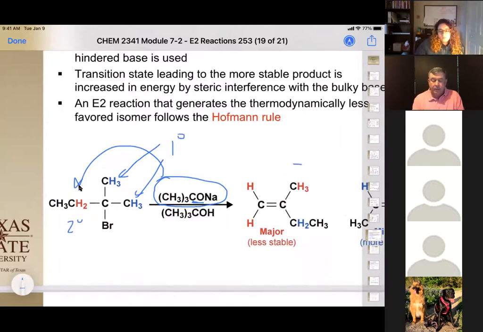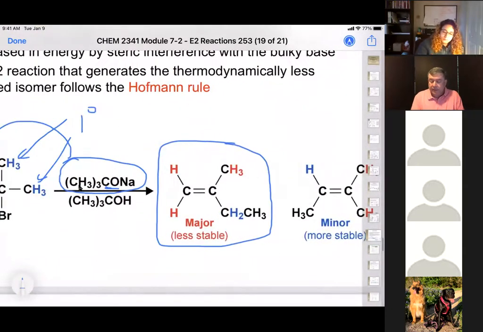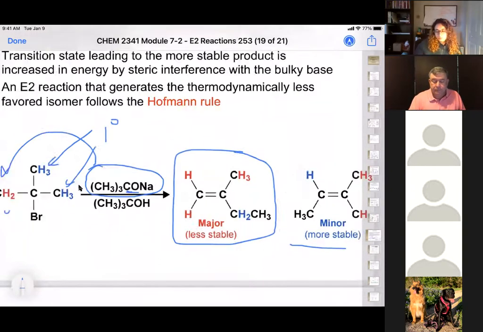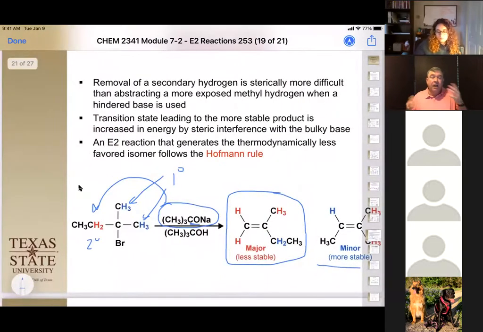So when it takes a primary hydrogen, we end up with our di-substituted alkene. When it takes that secondary hydrogen, we end up with our tri-substituted alkene. But because our base is so big, the di-substituted is the major isomer. And that's what we call the Hofmann rule.